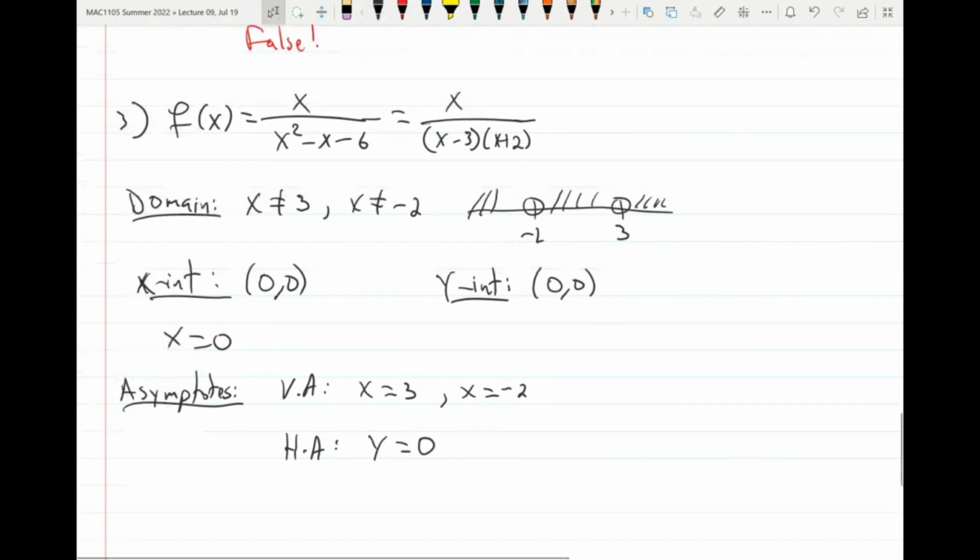All right, so use this information now to sketch. Remember, typically around the vertical asymptotes, you want to pick 2 points, one to the right and one to the left, so you can see where you should be going, to positive or negative infinity.